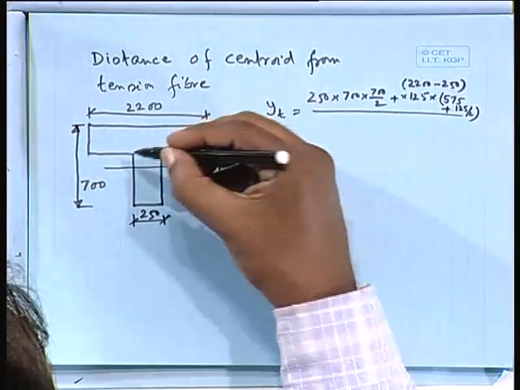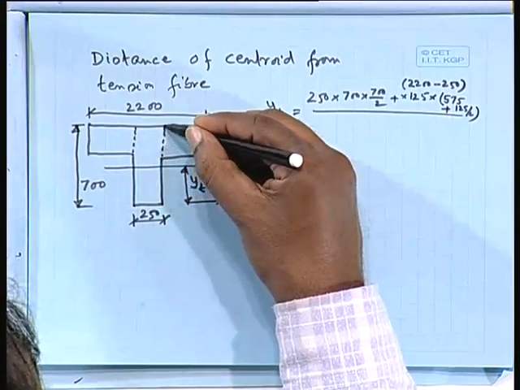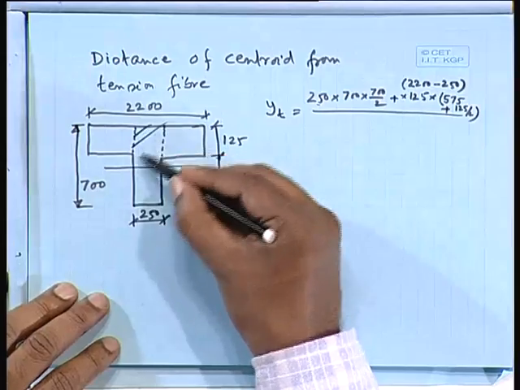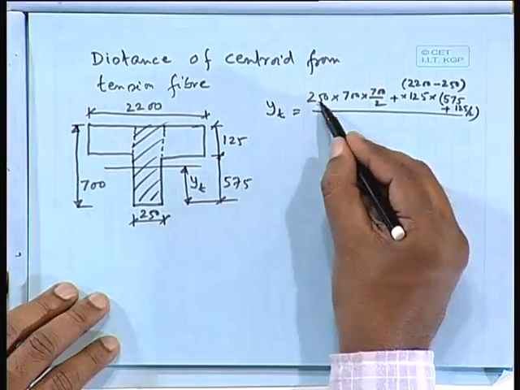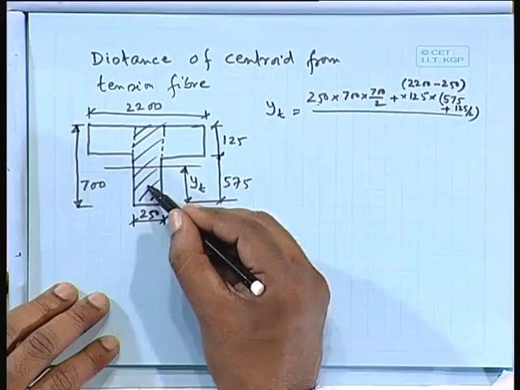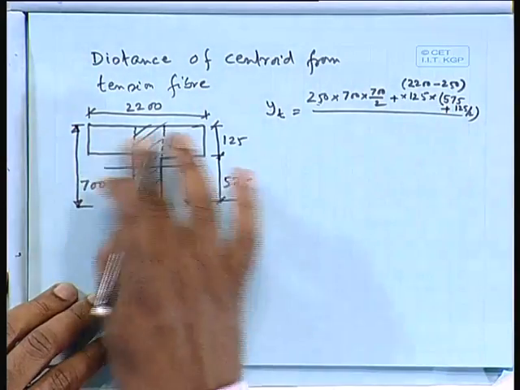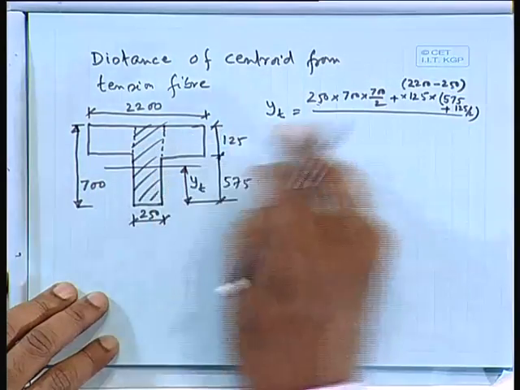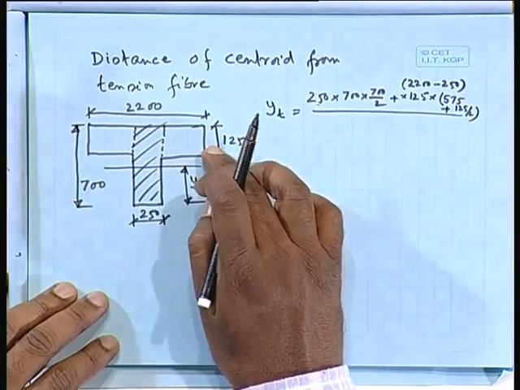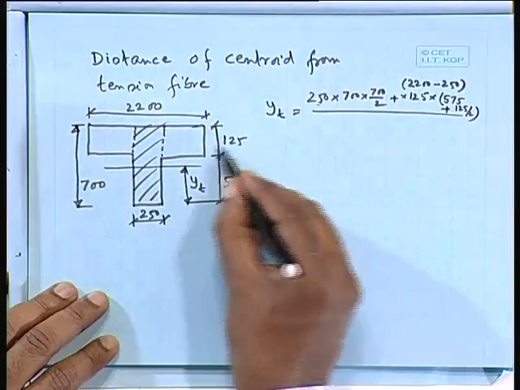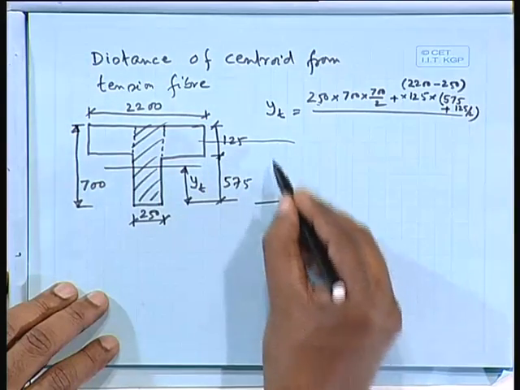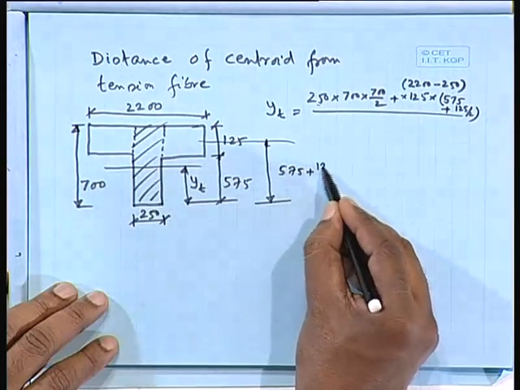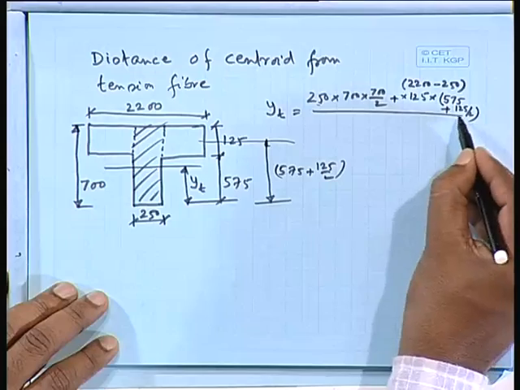We are taking this portion, this is 250 into 700, as if we are taking a rectangle, this rectangle. So, 250 into 700 by 2, plus the remaining portion which is 2200 minus 250, that means this portion, times 125, that is the area of the remaining portion, times its centroid depth, that is your 575 plus 125 by 2, that is what I have written.